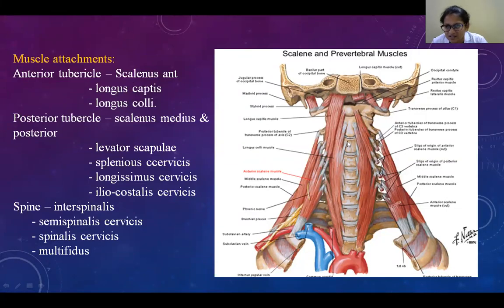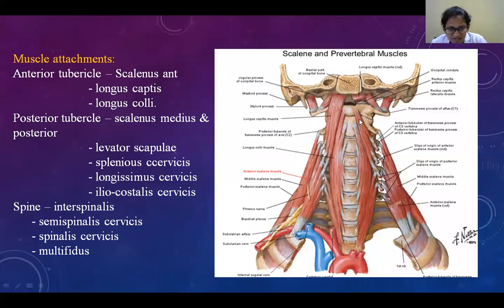These are the anterior tubercles, which give attachment to the scalenus anterior muscle. This is the scalenus anterior muscle, which arises from the anterior tubercle.